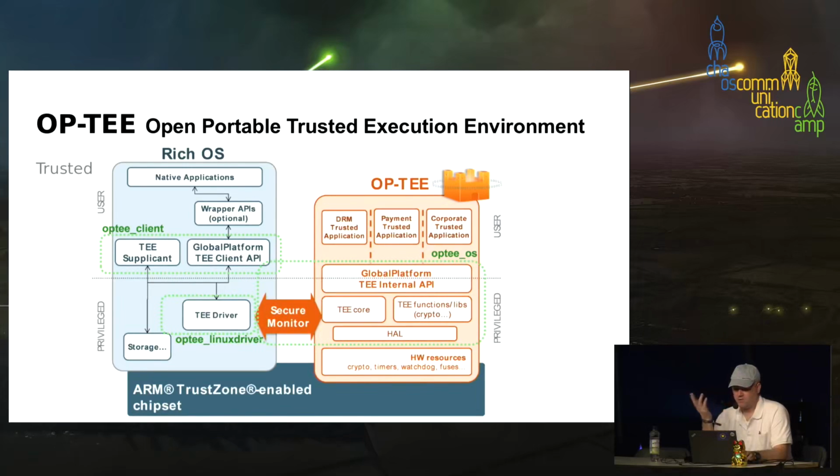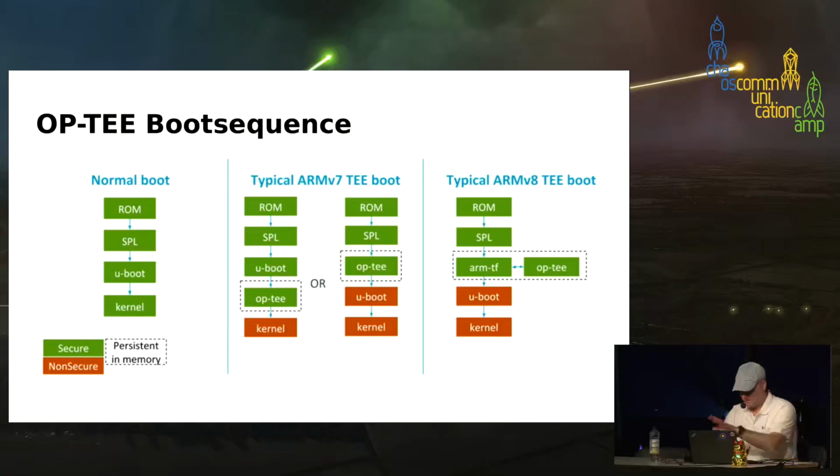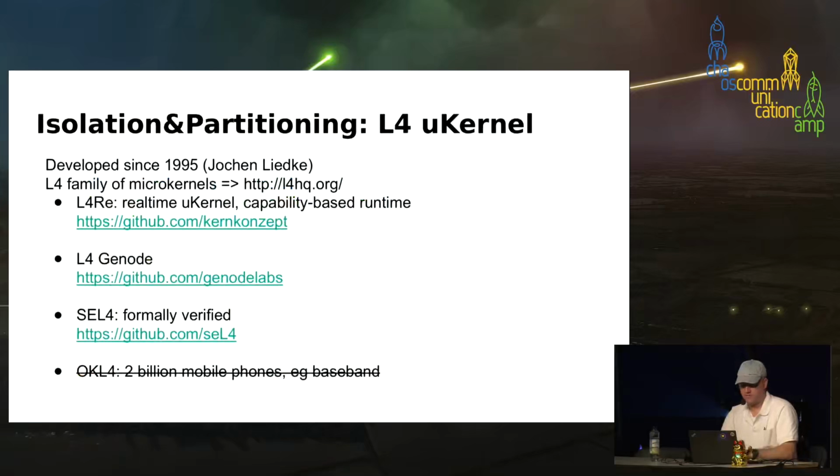But most hardware nowadays does not have this wiring on the board. That would be a nice feature, but in most cases it's not realized, so there are just a few ways you could boot into OP-TEE, the trusted environment.